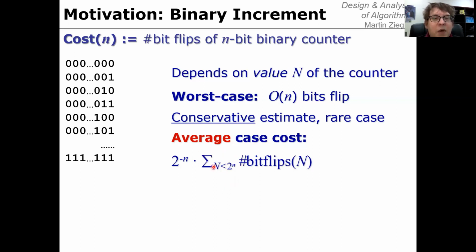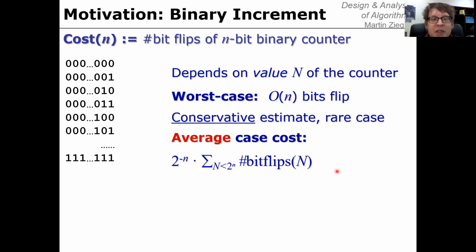And for each possible value, we check how many bits are flipped when we increment that value, right? So in the worst case, we take the maximum. In the average case, we take the sum and weight that sum with the total number of possible states. And that's average case. And now it remains simply mathematically to evaluate that expression, right?